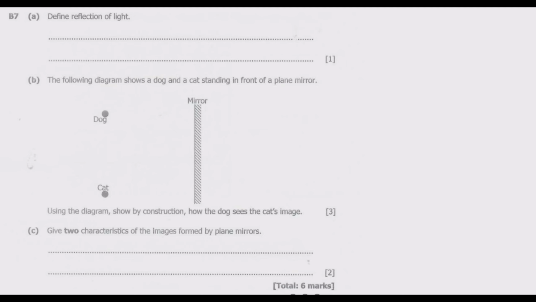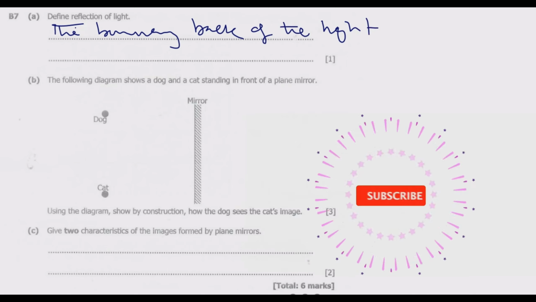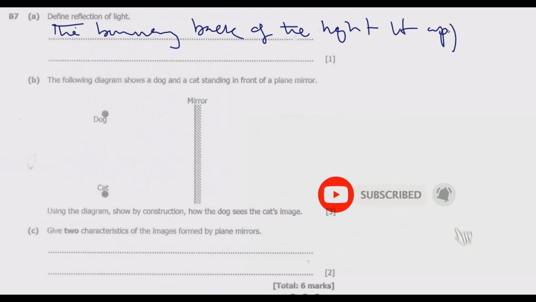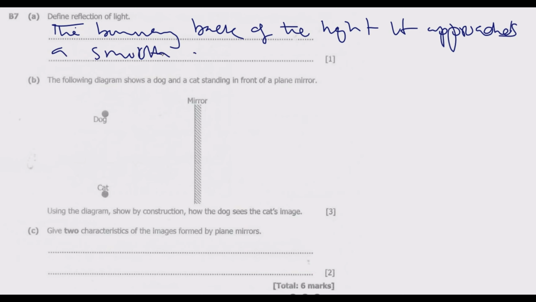So basically, when we're talking about a deflection of light, we're talking about basically the bouncing back of the light when it approaches a smooth and polished surface.